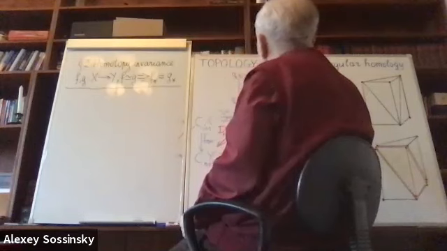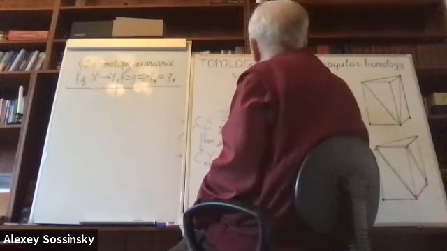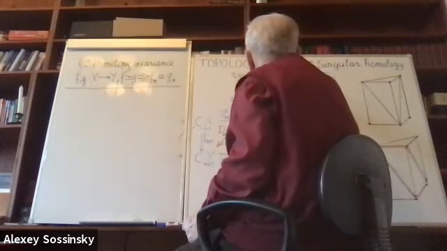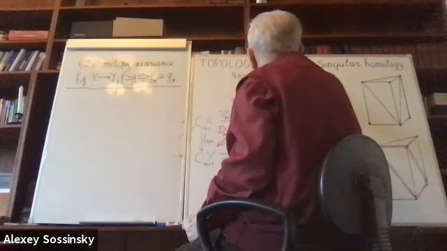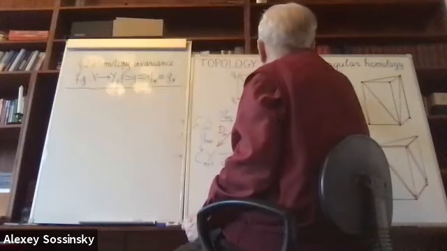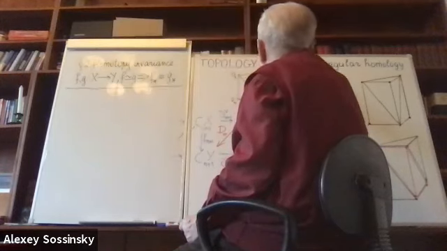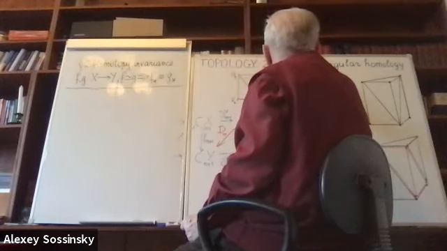And so the canonical triangulation of this Cartesian product will consist of two simplices, namely (0,0), (1,0), and (0,1).